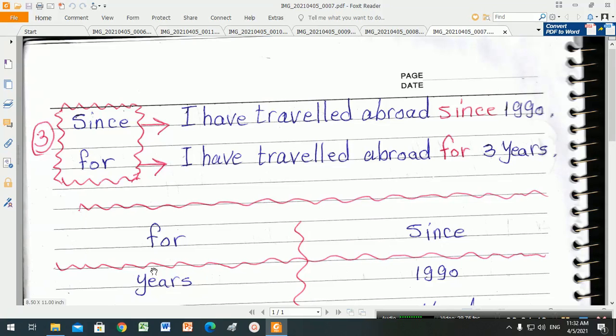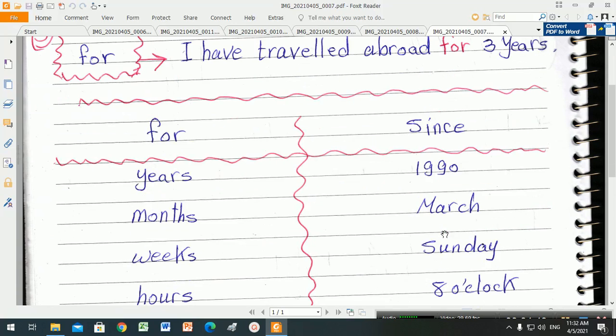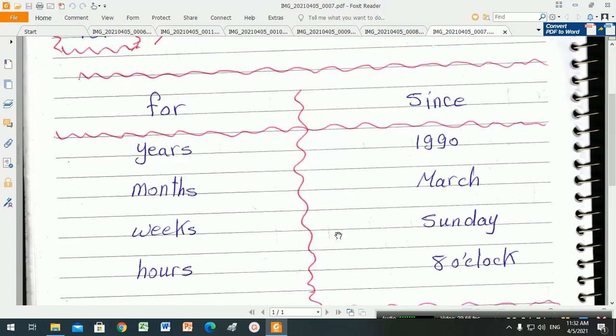And we use for with a long period, but since with a specific time. If I want to express a specific time, I use since. But if I want to say 3 years, 3 months, 4 weeks, 4 hours, I use for. But with since it should be a specific time.